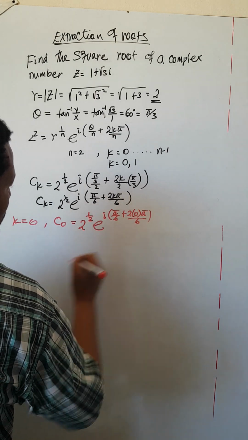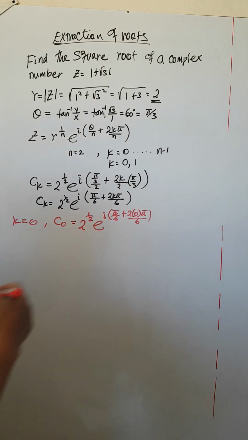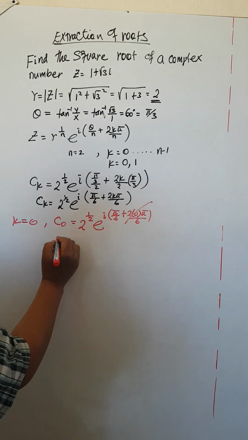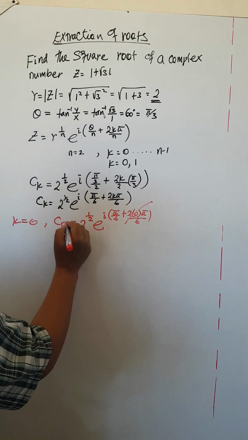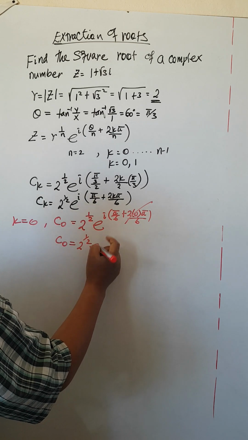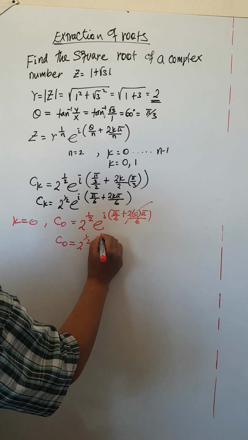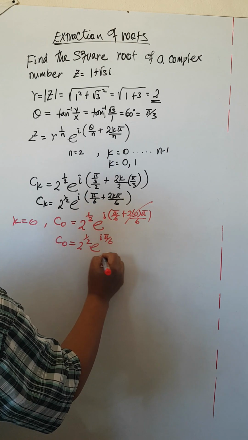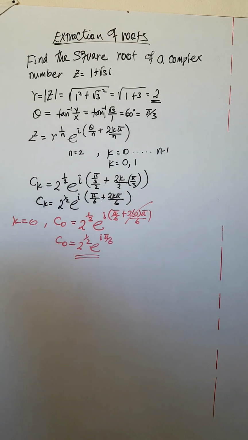Now this part is 0. So c0, the first root when k is 0, is 2 to the power of 1 over 2 times e to the power of i pi over 6.